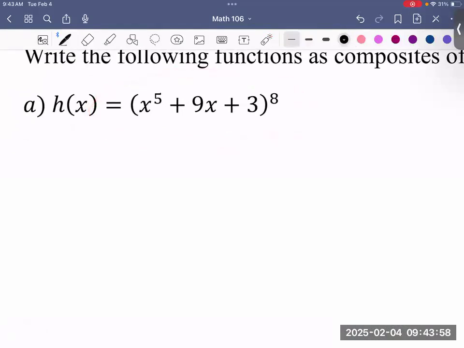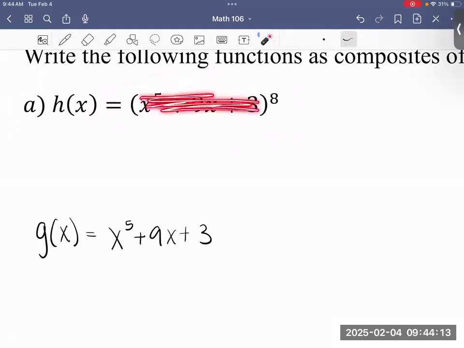Well, one such function would be this inside portion. We can call this inside portion g of x. And let's say we took away all of g of x, what would be left over? We would have parentheses and then raised to the 8.